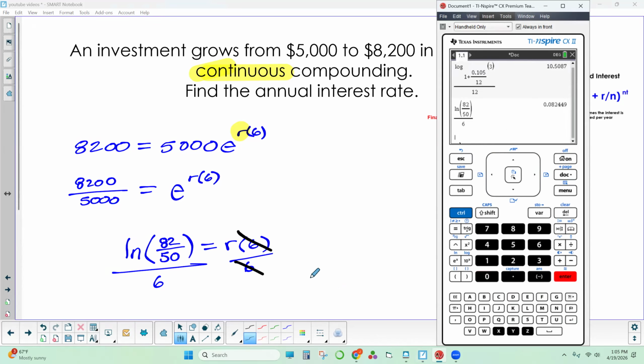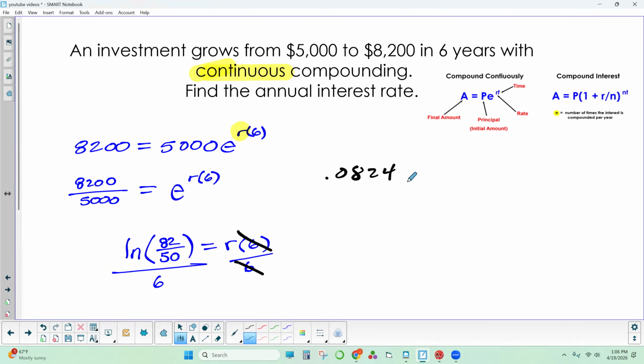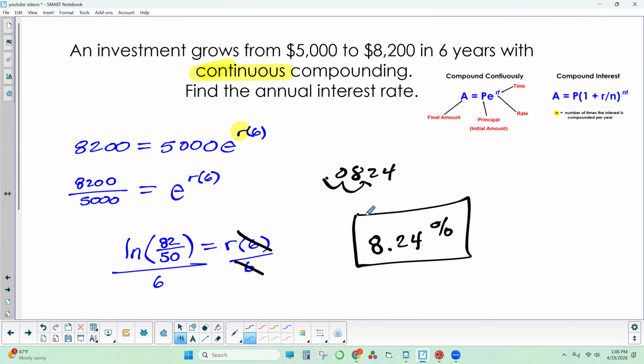And we've got 0.0824. Now, I carried a few places more this time because this is a rate. So we want to write this as a percent. So we're going to have to move that decimal over 2 spaces there. And we have 8.24%. And that is our interest rate.